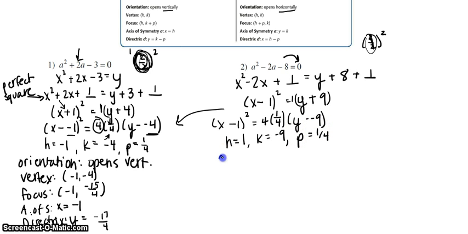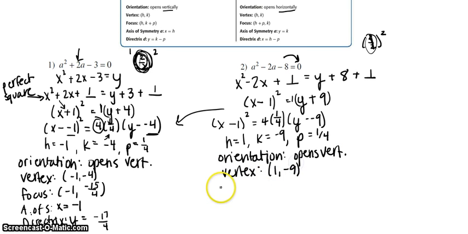Alright, so our orientation, again, is going to be that it opens vertically. Our vertex is just going to be hk, so 1, -9. Our focus is 1. Then -9 plus 1/4, so that's going to give us -35/4.